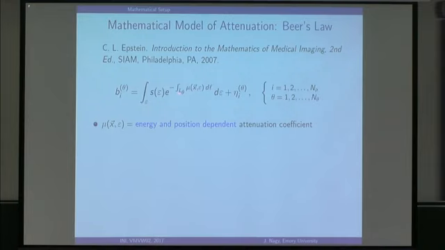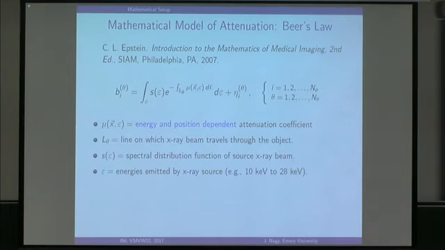Then as the X-ray passes through the object, it goes through on a line integral, and you integrate, and there's this energy-dependent spectral distribution function that depends on the source X-ray. So we need to know what that is. The energies at which the X-ray is emitted depend on the kind of material that you're trying to image.